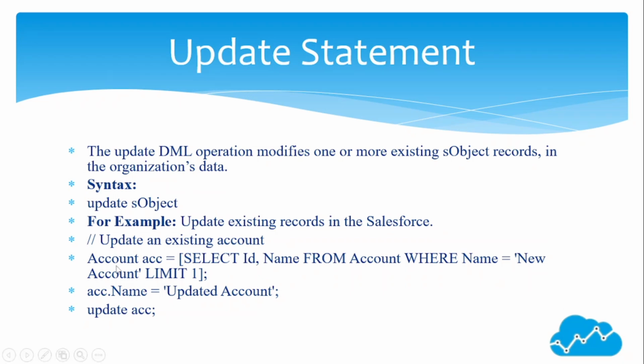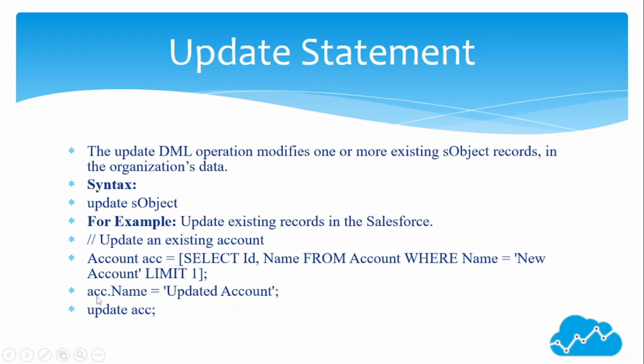So we need to write the query like Account acc = select Id, Name from Account where Name = 'New Account' limit 1. Here we are using limit 1 to display only one record.